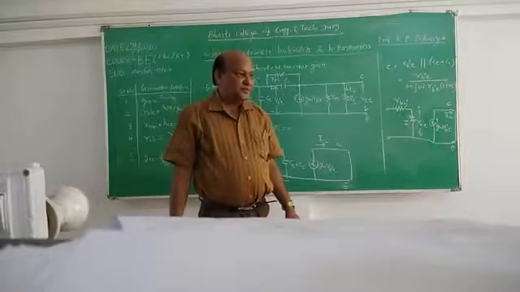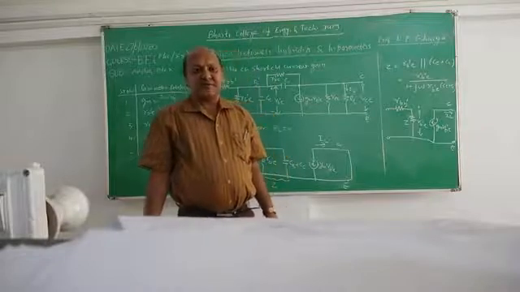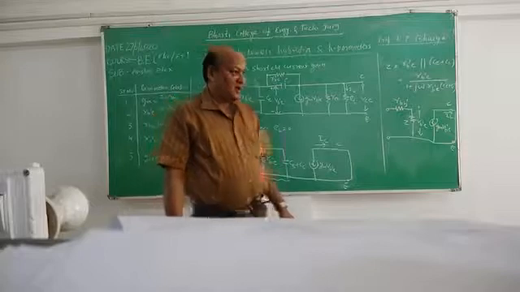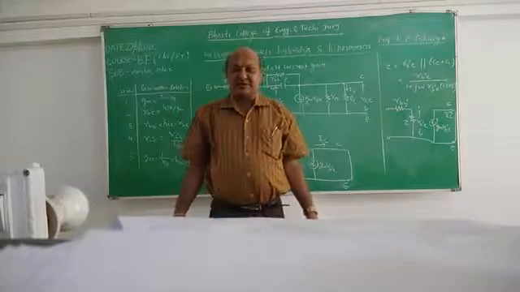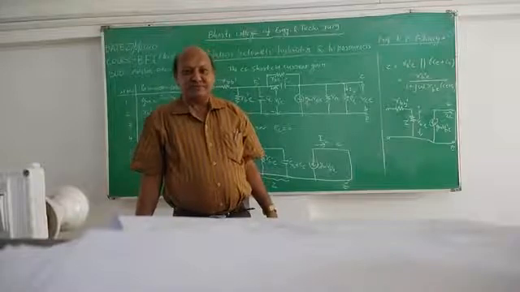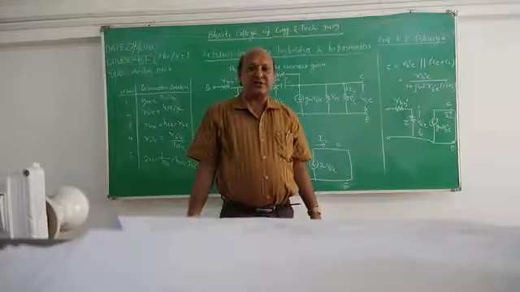Dear students, till now we have discussed a lot of things about analog electronics. In analog electronics, third unit, we have also seen the hybrid pi model or high frequency transistor model.